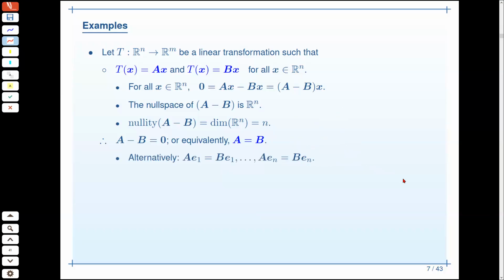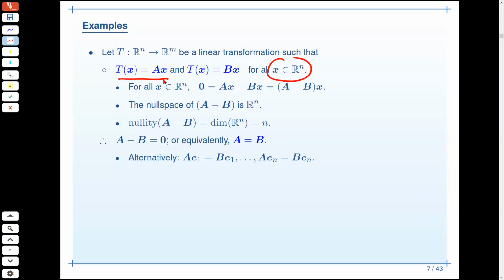Or alternatively, there's another way to do it. Remember, given a vector space, in general, there are infinitely many vectors. So what is essential? It is the basis. We are more interested in a basis rather than every vector in the vector space. So it is already given that for every vector x in Rn, Tx can be written as Ax, and Tx can be written as Bx.